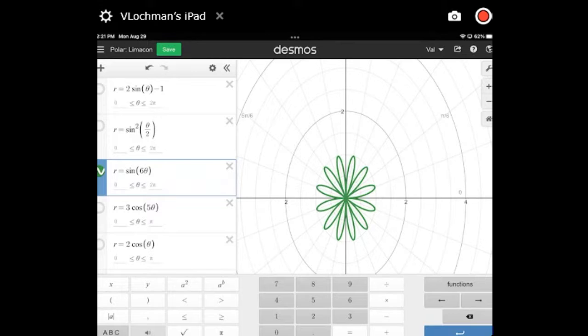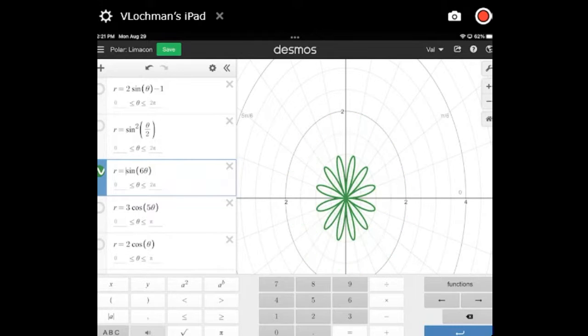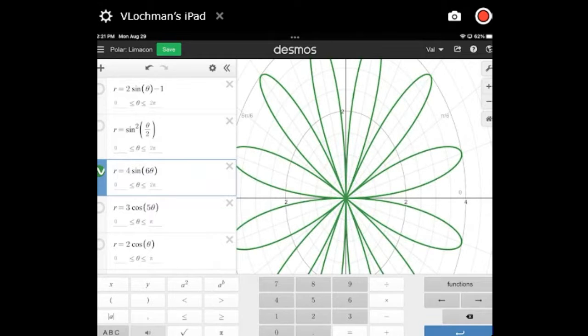Let's say something like 2. And now maybe it's intuitive to you to say, of course, my petals get longer. Let's say I make it 4 and they get even longer. So if you were thinking about an honors project, let's say you're in honors college and you're in this class, those are the kind of things that I've done with my students.